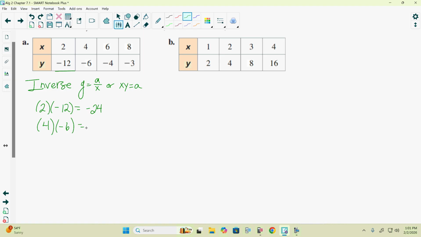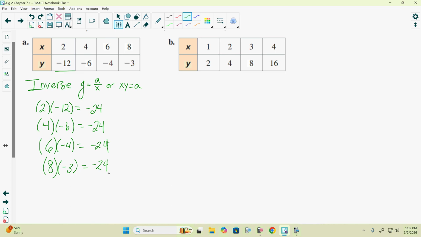4 times negative 6 is negative 24. Now we can do the same thing with 6 and negative 4. Well, that's still going to give us negative 24. And lastly, 8 times negative 3 is also negative 24.